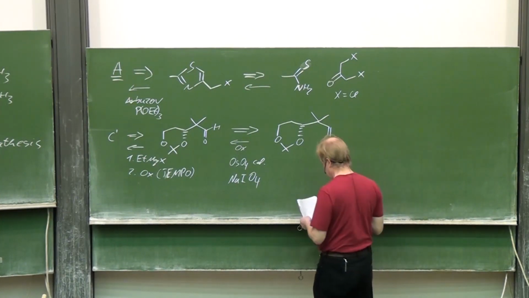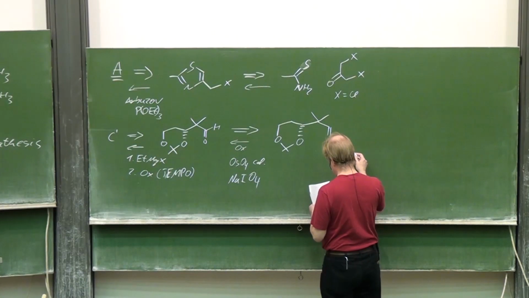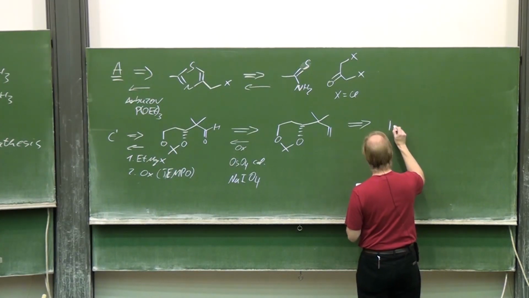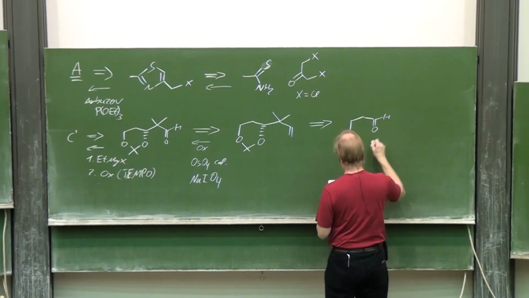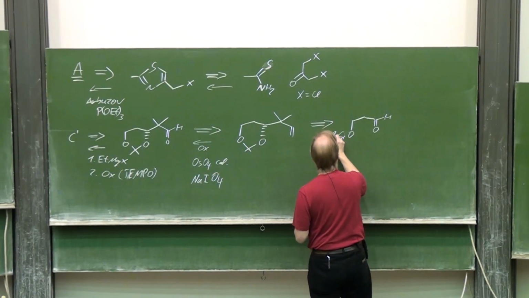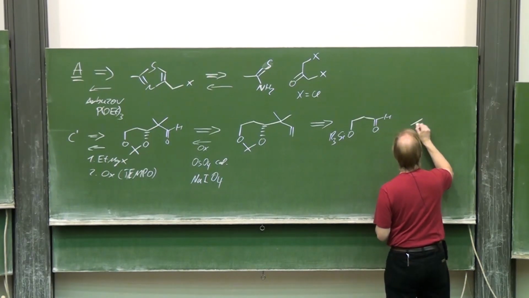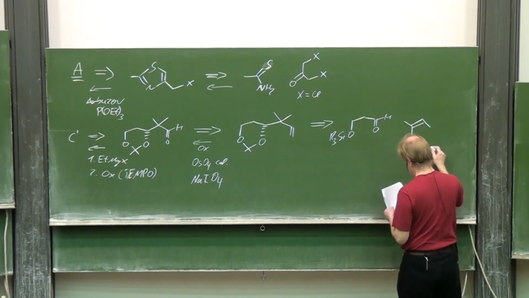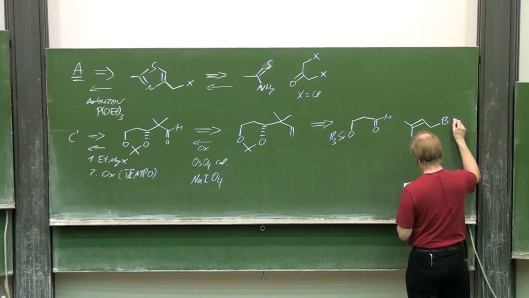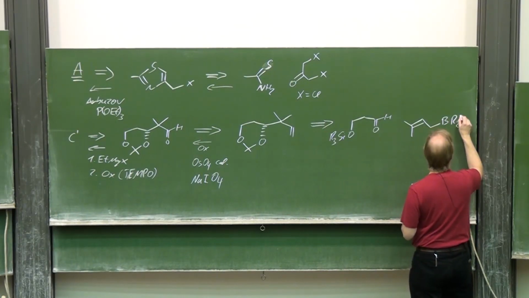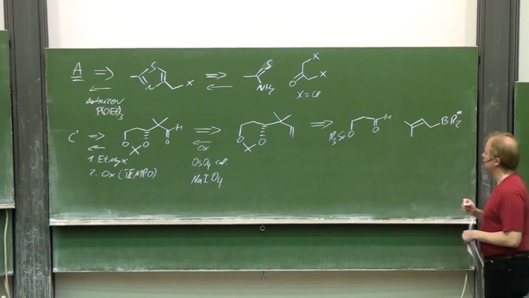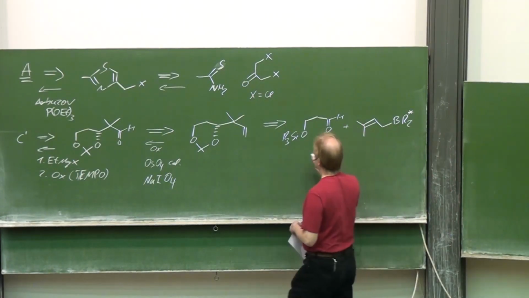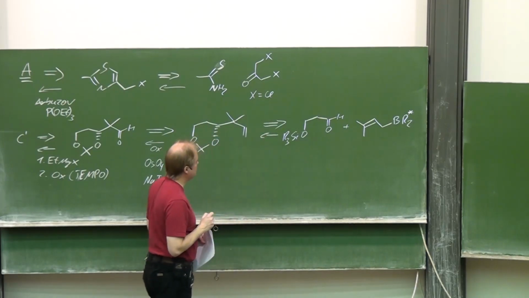So why this allyl group? Well, because it is known that you can transfer enantioselectively an allyl group with certain chiral allyl-boranes, a highly enantioselective reaction.